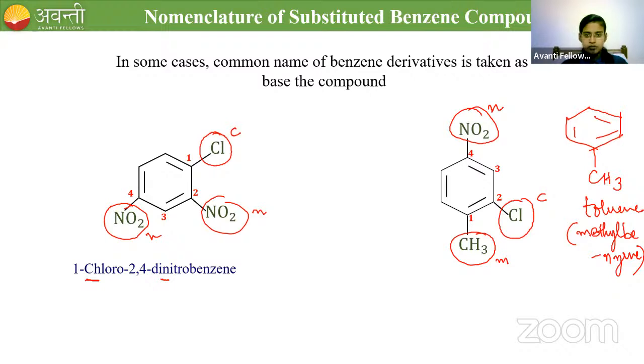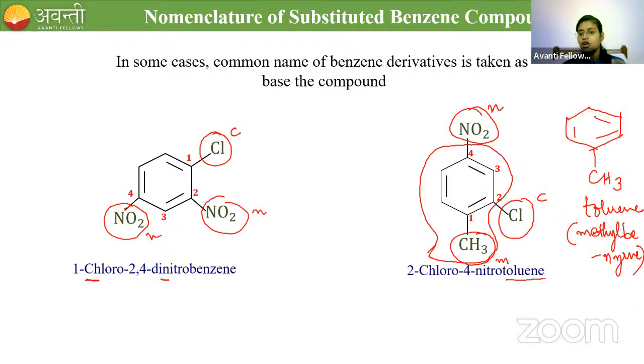The correct name of this compound is 2-chloro-4-nitrotoluene. What I have done is I have taken that methyl part along with the benzene ring and I'm calling that toluene. I'm taking this entire thing as toluene. So I'm not giving the number for methyl.